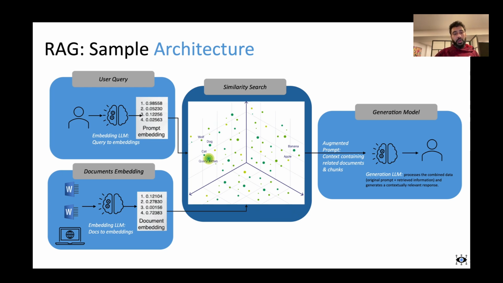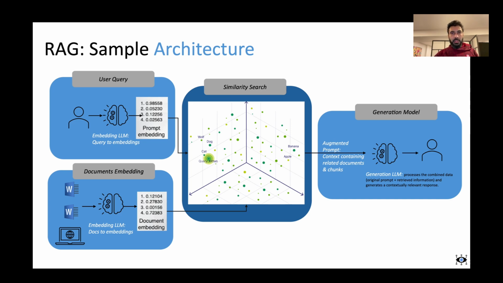Secondly, there's another embedding LLM, as seen in the bottom left, where all the company related docs or the information present on the website gets passed into the embedding LLM, and these are converted into document embeddings.